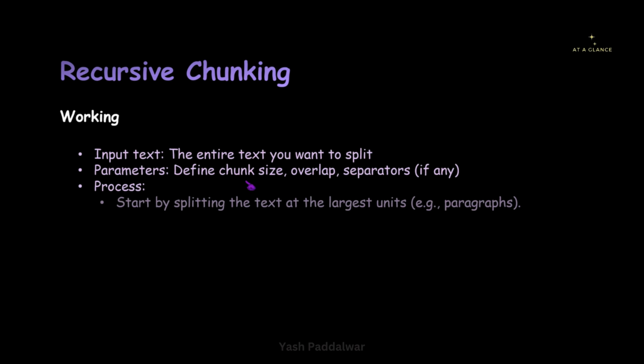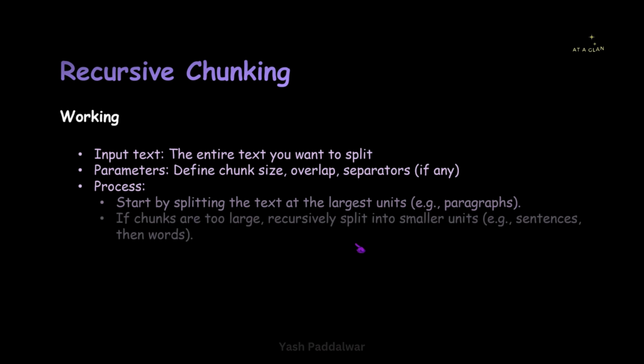Obviously, if the chunk size that was defined is lesser than the paragraph that was considered at that particular moment, it will then recursively split it into smaller units, for example, sentences or words. So if the paragraph is too large for the chunk size, then it will recursively split it into smaller units.